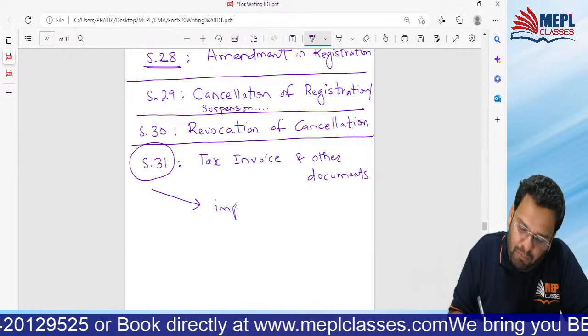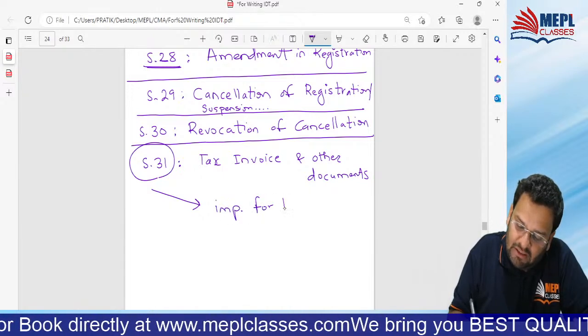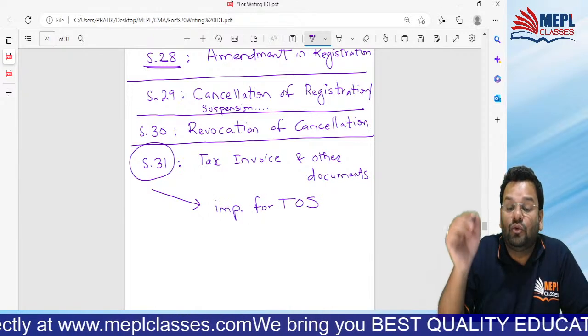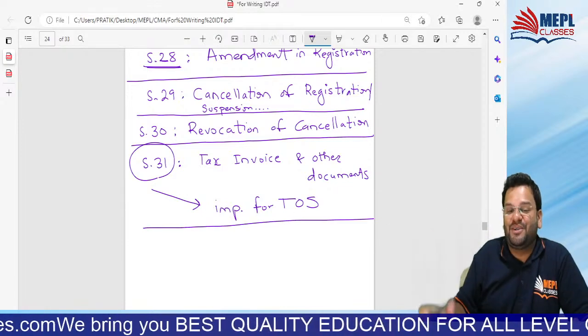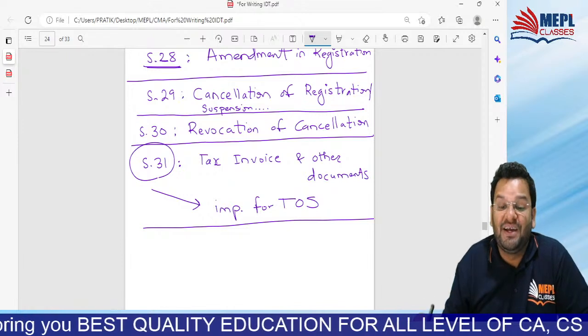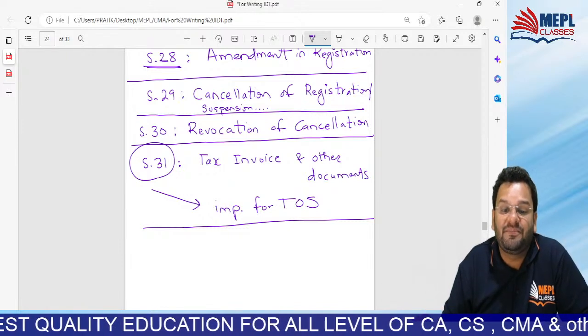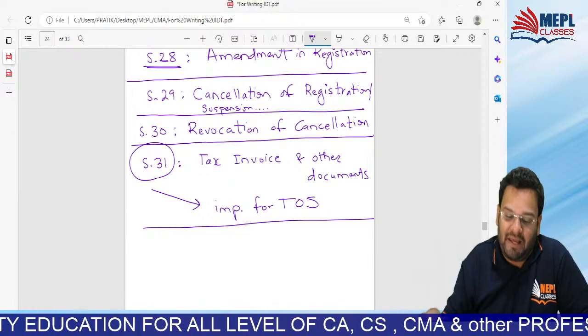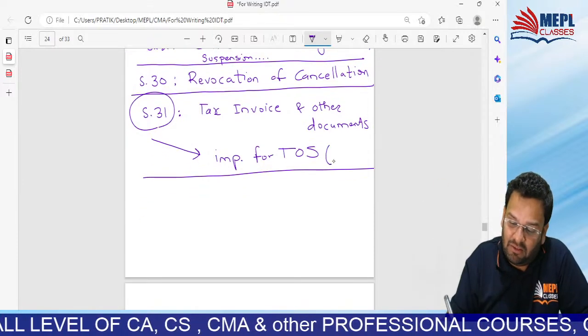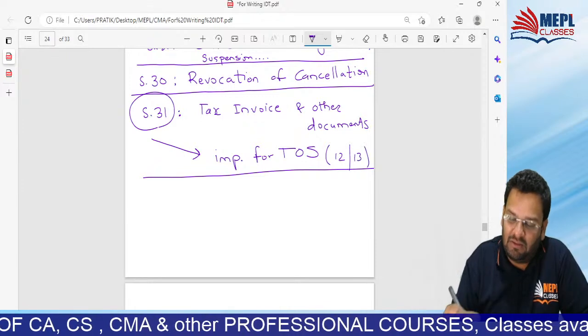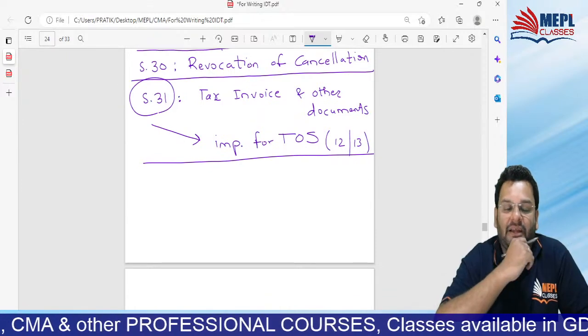It is also important for understanding in detail the provisions of TOS. TOS means what? Tell me what is TOS? TOS means obviously time of supply. So you have to connect 31 with 12 and 13. Agreed?